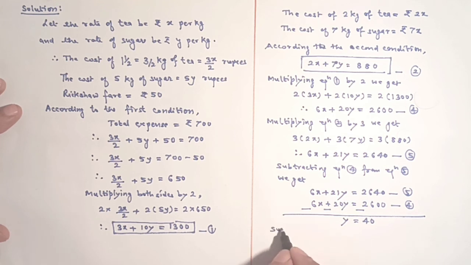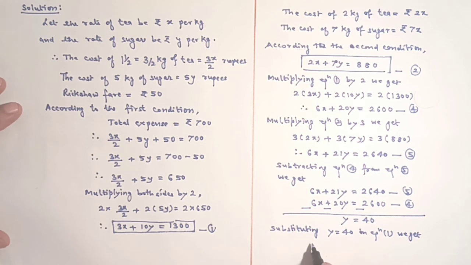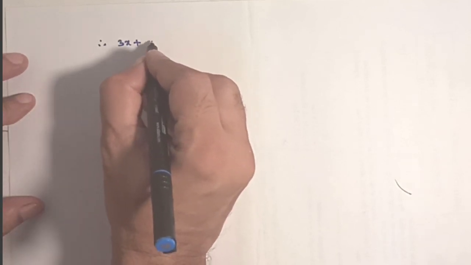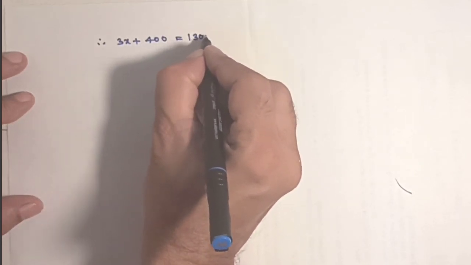Now substituting y is equal to 40 in equation 1, we get 3x plus 10 into 40 is equal to 1300. 3x plus 400 is equal to 1300.